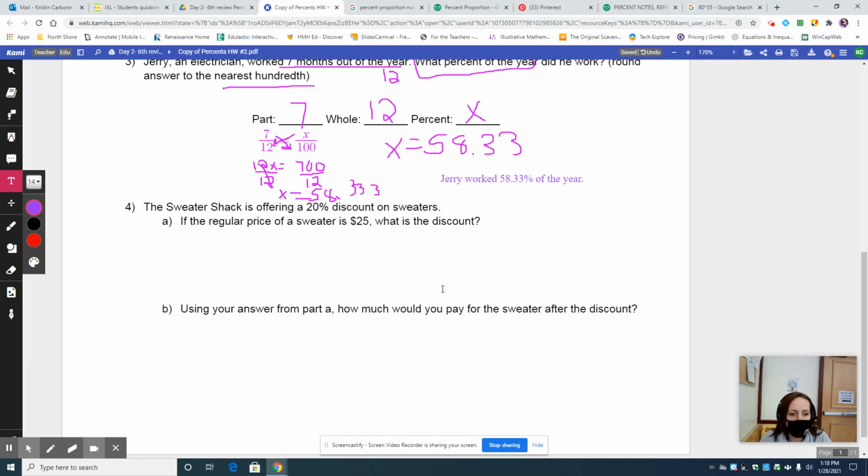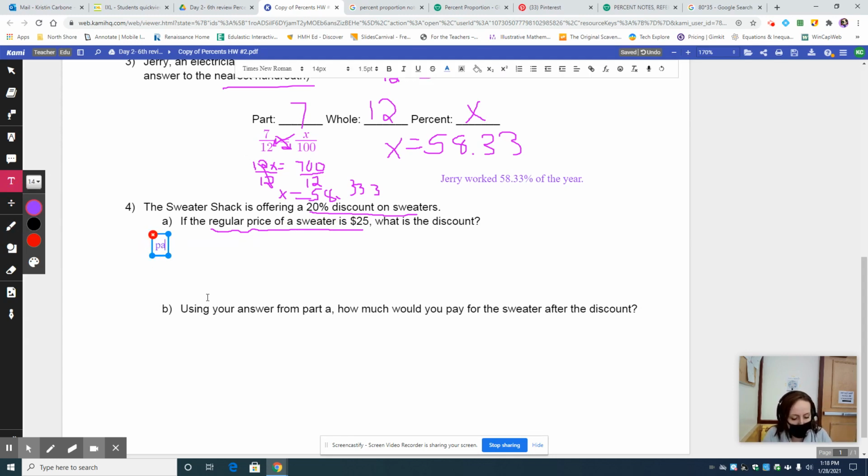All right, last but not least, we have the Sweater Shack, very creative name, is offering a 20% discount on all sweaters. Part A, if the regular price of a sweater is $25, what is the discount? So notice we didn't write in the part whole percent here, but you should.